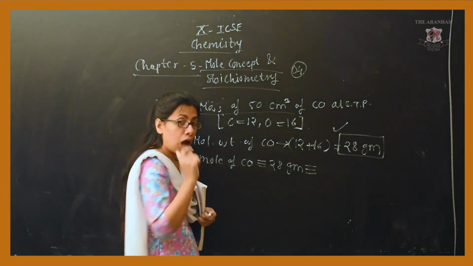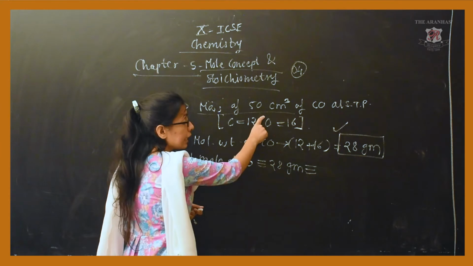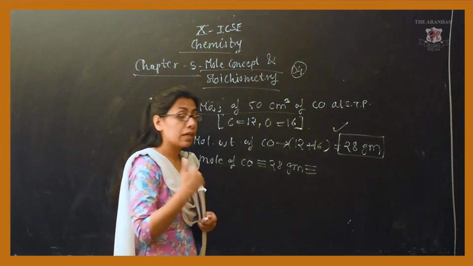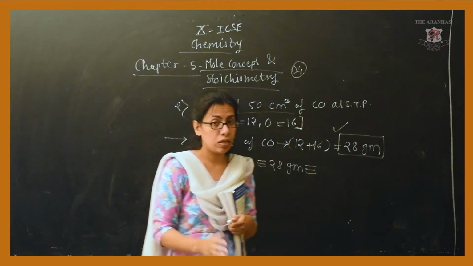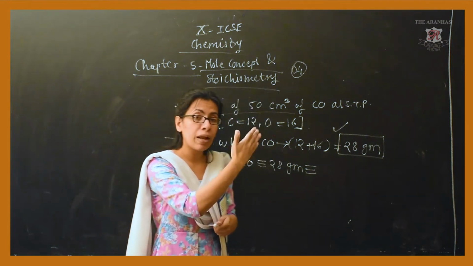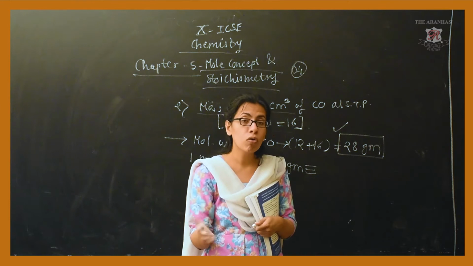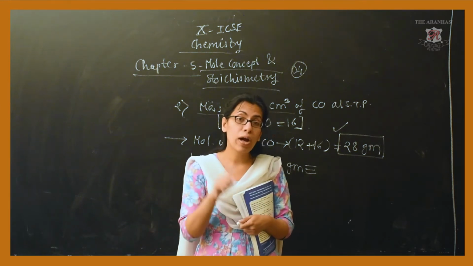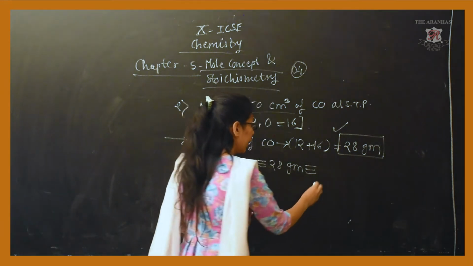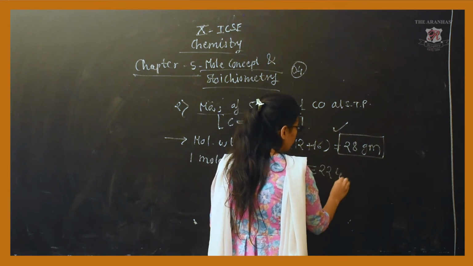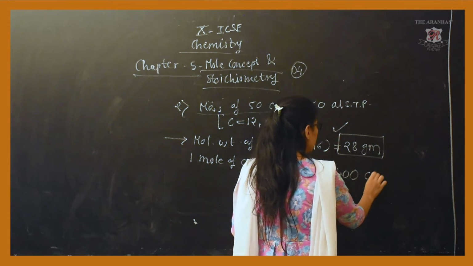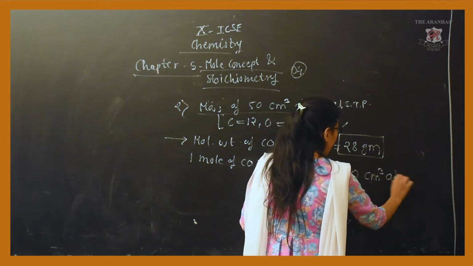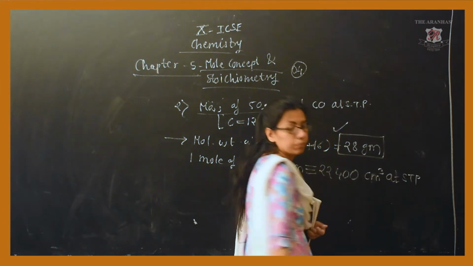But have they asked you this volume in liters? No. It is in centimeter cube or cc. So we multiply 22.4 by 1000, and we get it occupies 22400 centimeter cube or cc at STP.